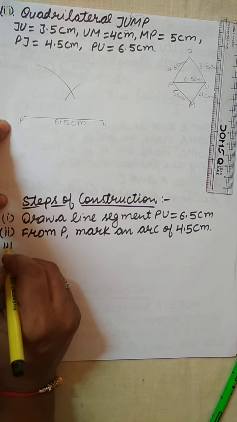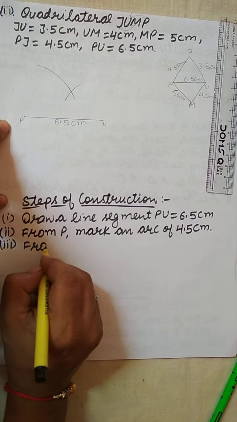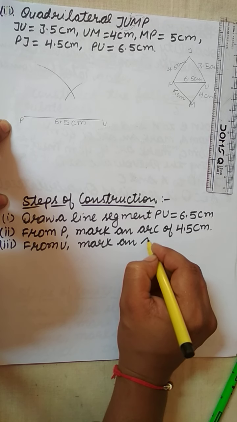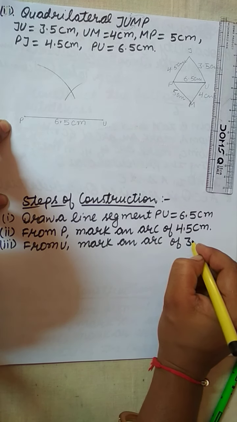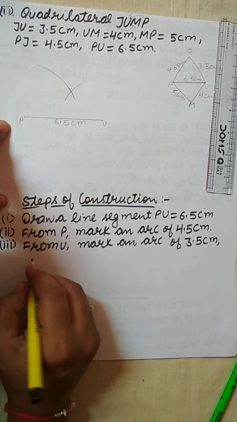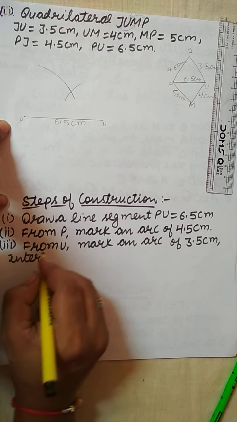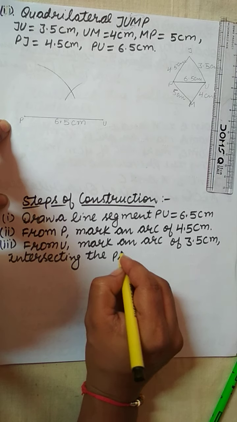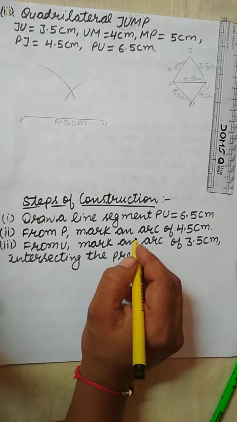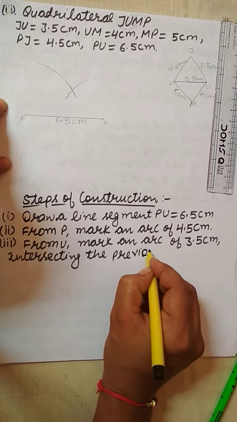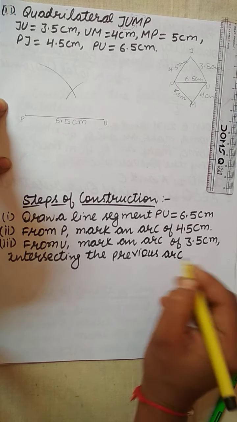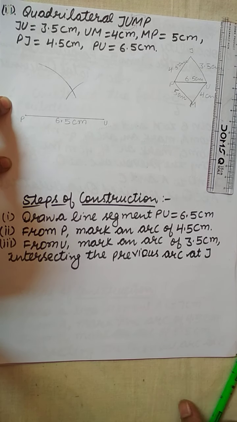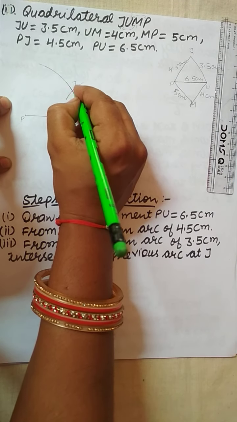Then from U mark an arc of 3.5 centimeter intersecting the previous arc at J. So this is the point J.